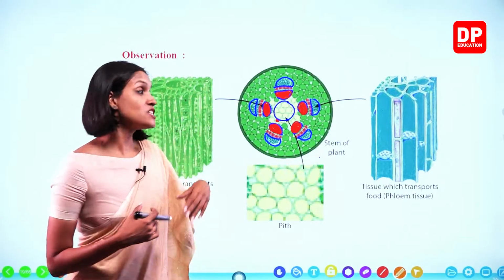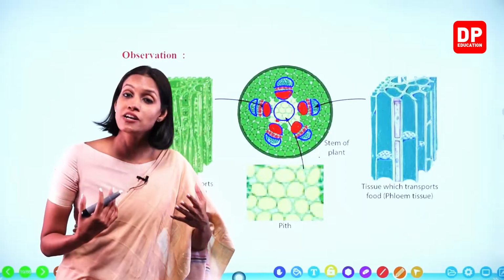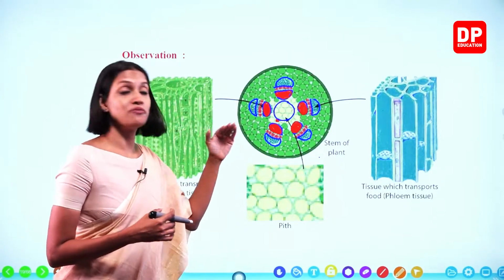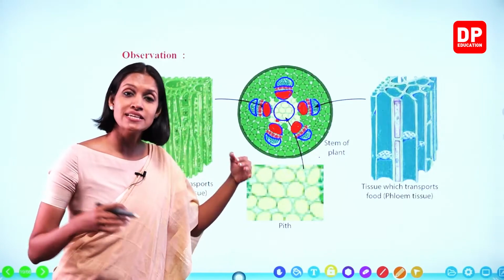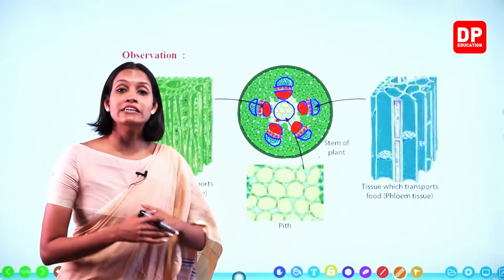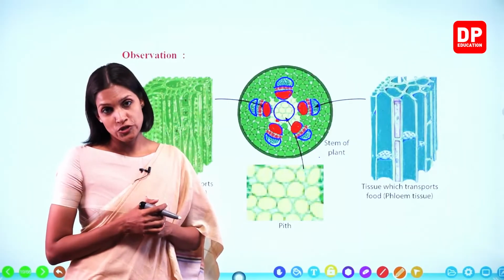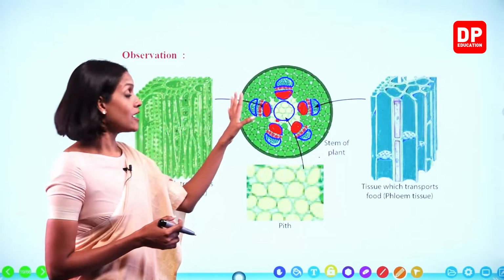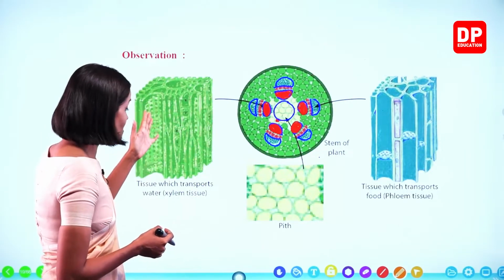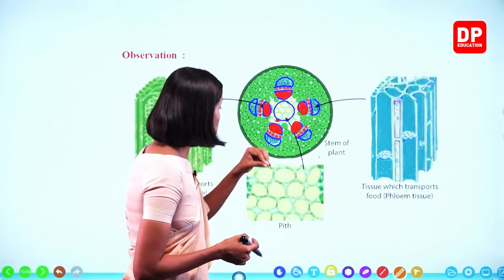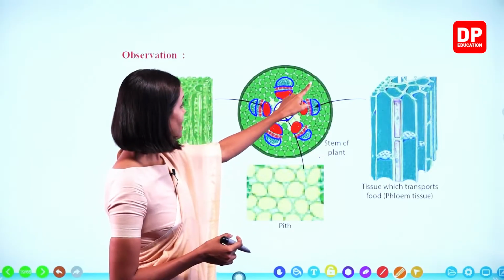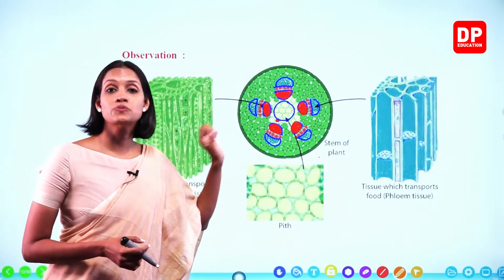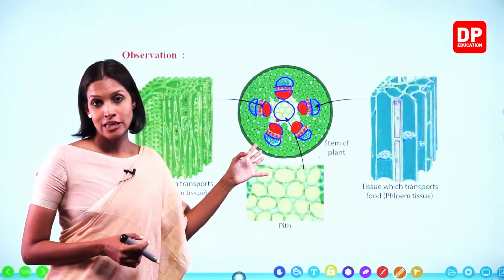So in that case, it's very clear that the plant body has different organs. When you consider different organs, each is made by combining different types of tissues. So the stem is made as a combination of xylem tissue, phloem tissue, pith, and epidermal tissues also present in the stem.